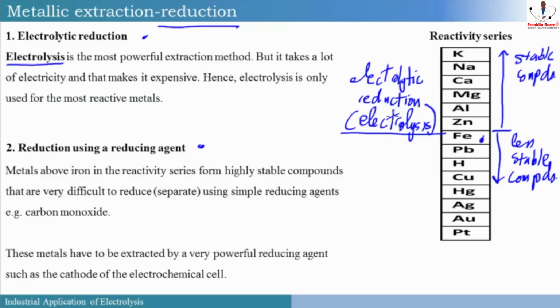And remember that the process that takes place at the cathode is that electrons will be gained. And if electrons are gained at the cathode, then reduction takes place, hence electrolytic reduction. Let us take a look at this simulation.